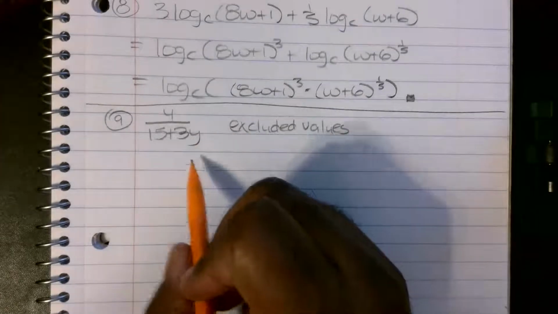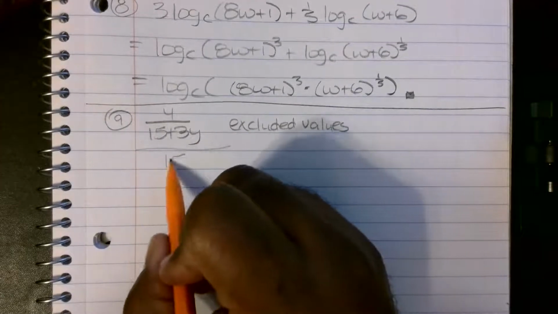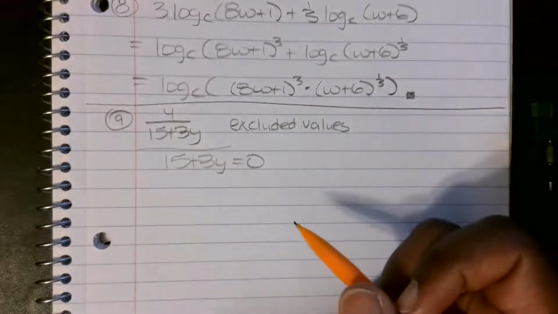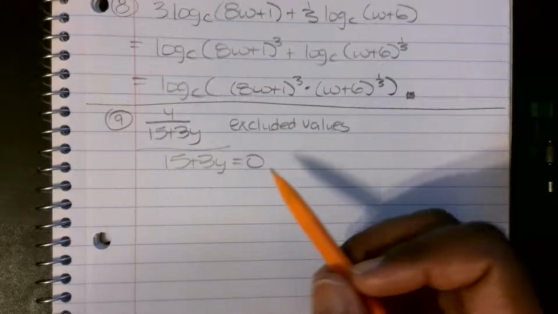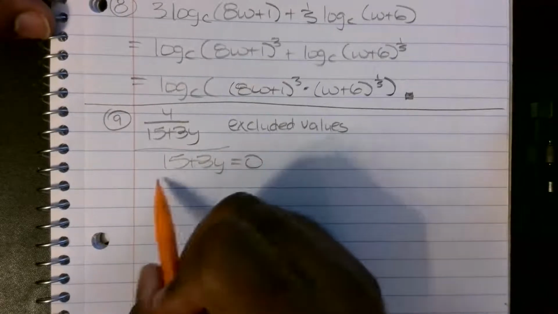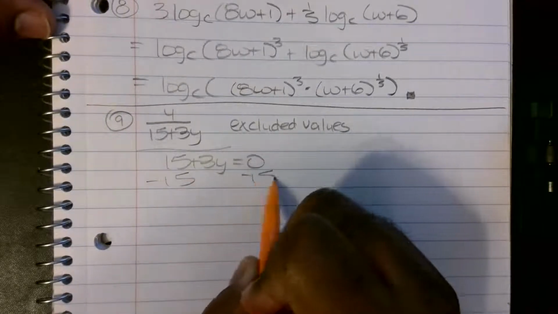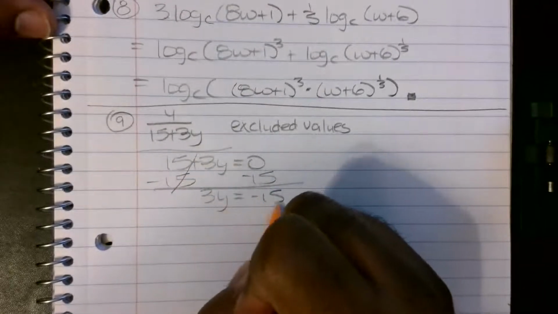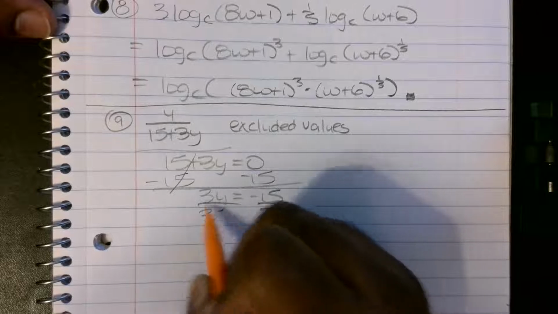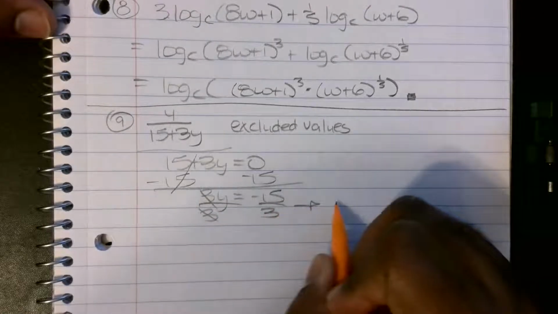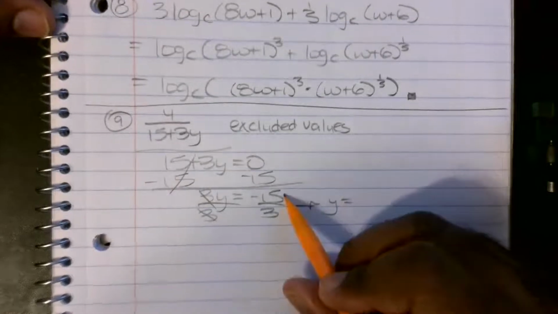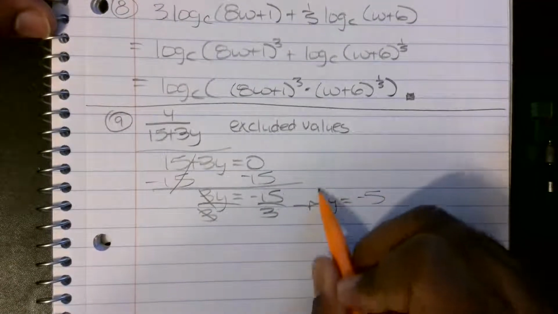So to find the excluded values, say 15 plus 3y is equal to 0, and I solve. Whatever the solution of this is an excluded value. Minus 15, 3y is equal to negative 15, divided by 3. y is equal to negative 15 divided by 3, which is negative 5.